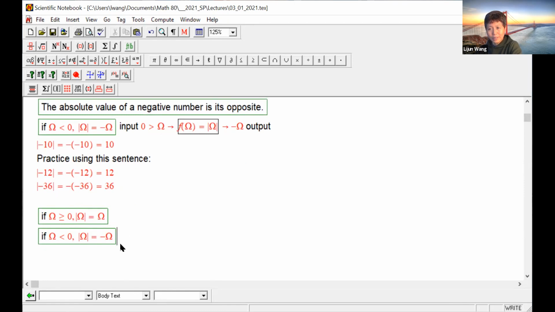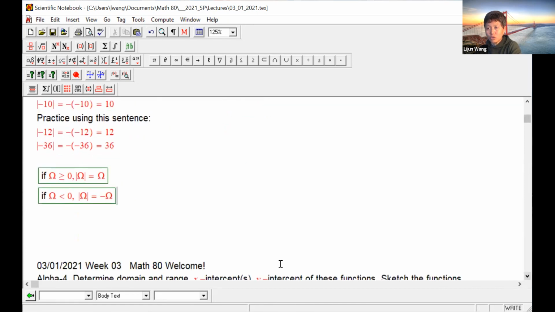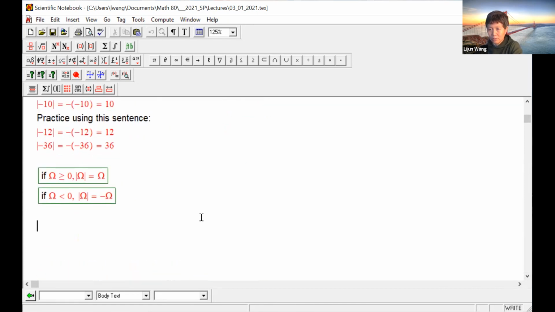This is still not condensed enough, according to most mathematicians, because after all, there is an even shorter notation. And that shorter notation is as follows. The absolute value, this part is common, so we're going to write it only once.